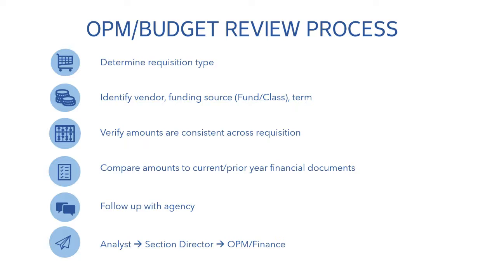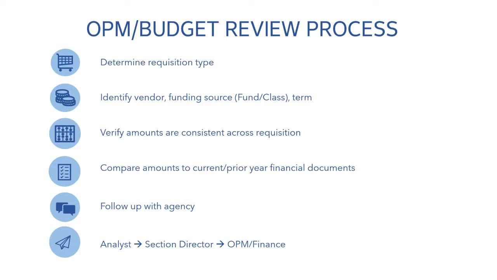Next, we would look towards the information identifying the vendor or supplier, the funding source, the fund and class, often referred to as the SID, associated with a particular request, and then the term of the contract, the start dates and end dates.